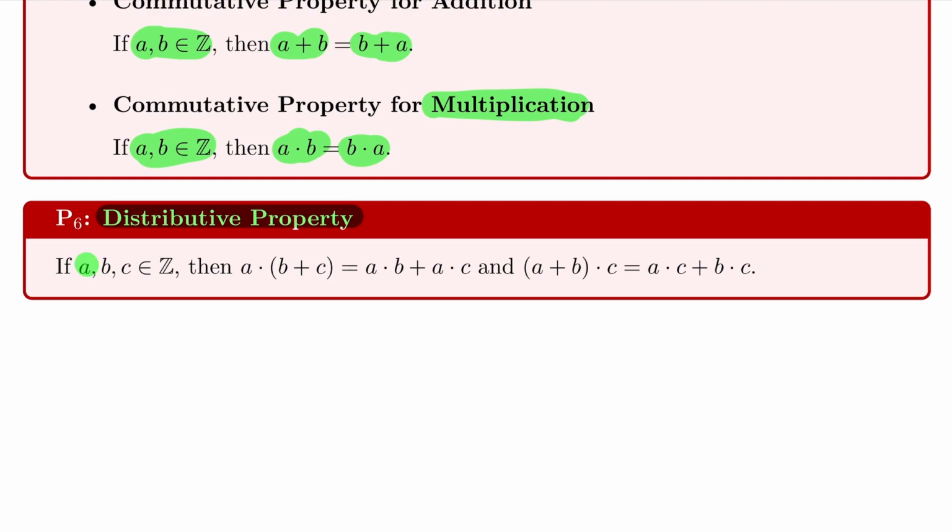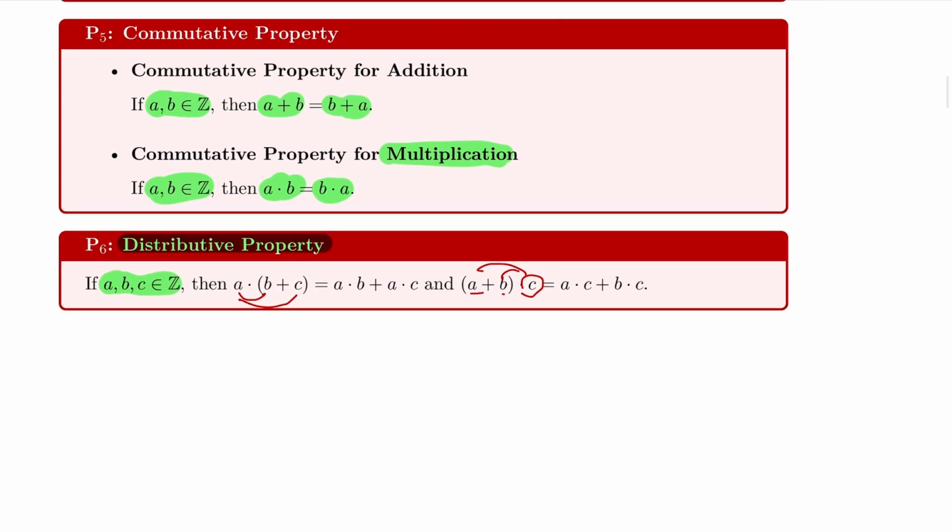If you have three integers a, b, c, then a times (b plus c) becomes a times b plus a times c. Okay, you distribute this a into b and c, and you might multiply the sum of two numbers from behind, and then you're gonna have a times c plus b times c.